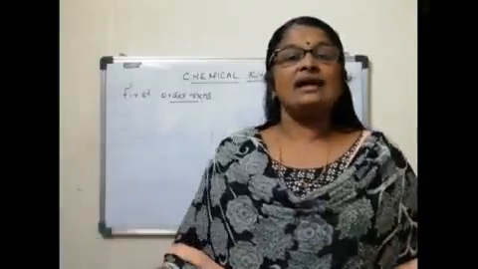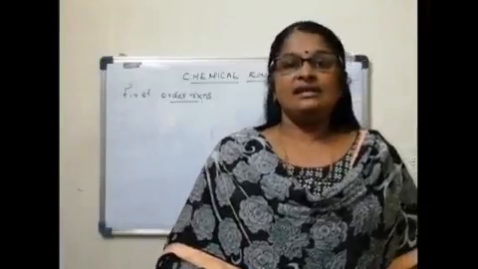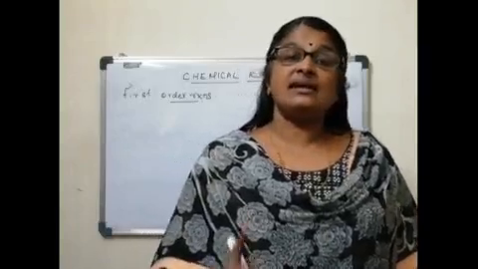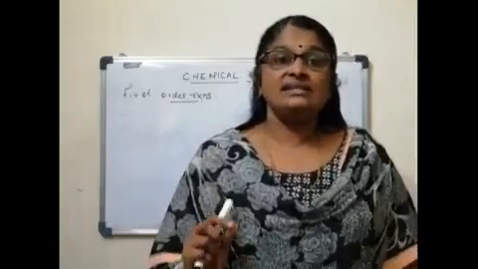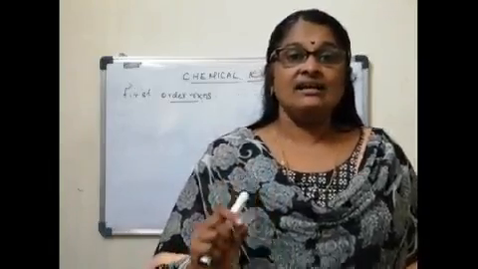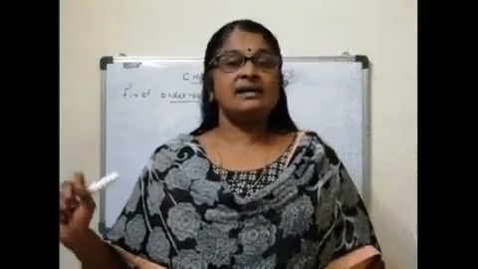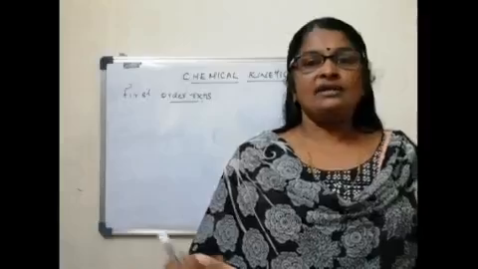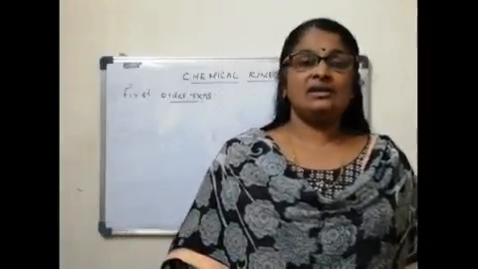For zero order reactions we have derived the integrated rate equation, which gives the relation k is equal to [R]0 minus [R] divided by t, where [R]0 stands for the molar concentration of the reactant at time t equal to 0, that is the initial concentration of the reactant, and [R] stands for the molar concentration of the reactant at time t, divided by small t, which is the time period. k is known as the rate constant, and we have drawn the graph also.